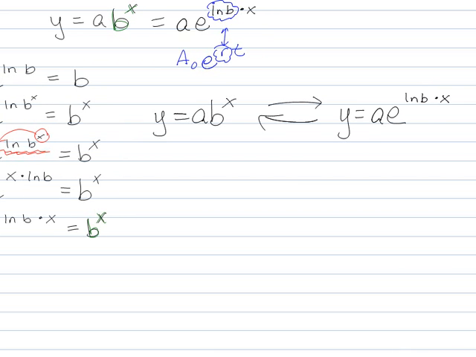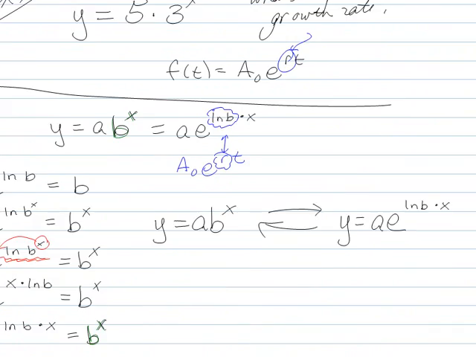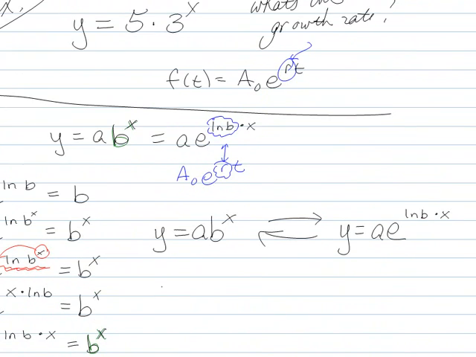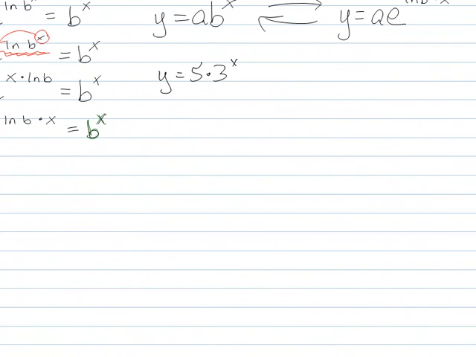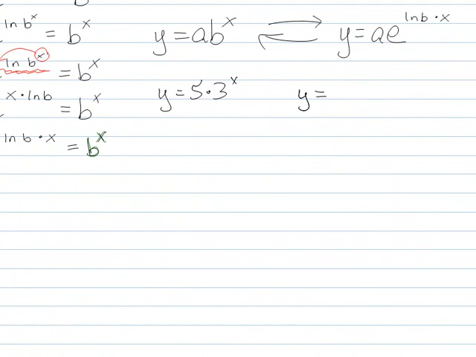So if we looked at our little arbitrary frog example, if we had y equals 5 to the 3x, and somebody asked us to find the growth rate on that thing, we could say, all right, what's going on here? What happens to the a? This is my a. My a stays the same, so my a is just chill.